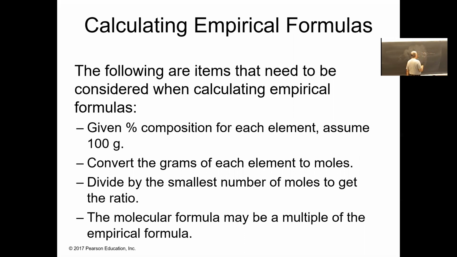Okay, 45 grams oxygen, because we're assuming that there's 100 grams of the compound, times 1 mole per 16 grams. That would be 45 divided by 16, that would be 2.81 moles.